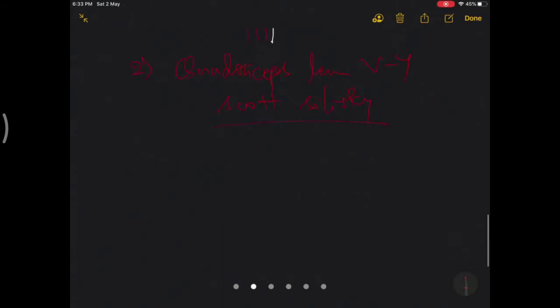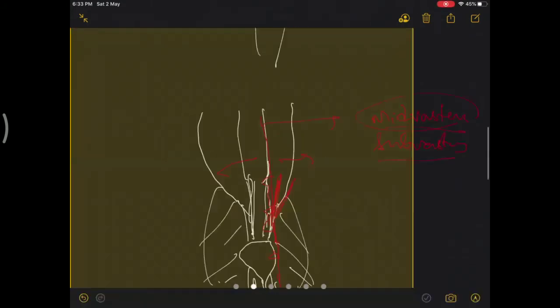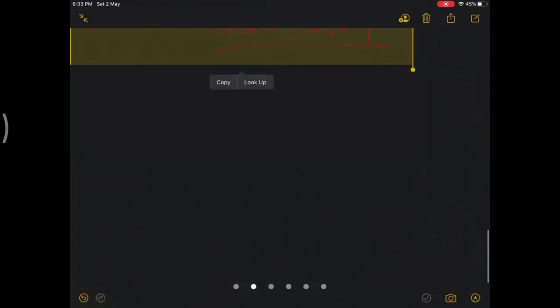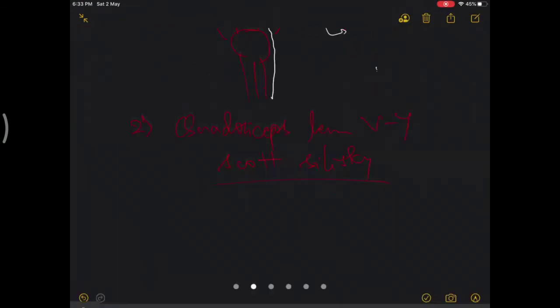What is done here is, you have an extensor apparatus, and you go medial parapatellar wise, and you take a V incision at the intermuscular septum of the rectus, and you flex it as much as you want, and it looks ultimately like this.